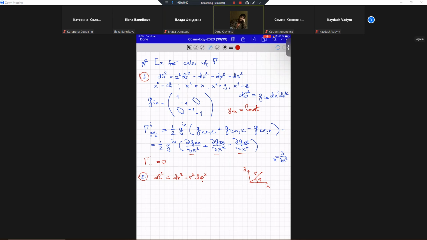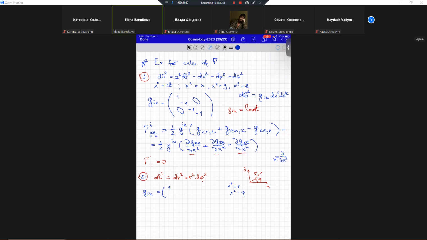I agree. So in this case, the metric tensor that we wrote before, and now I remember this. So we have 1, if x^1 equals r and x^2 equals phi.